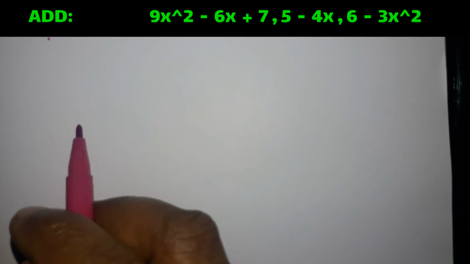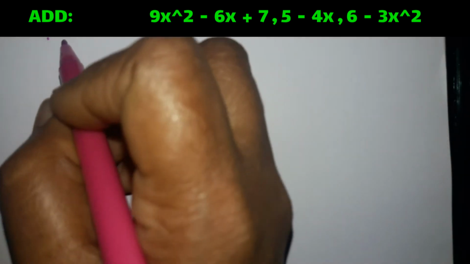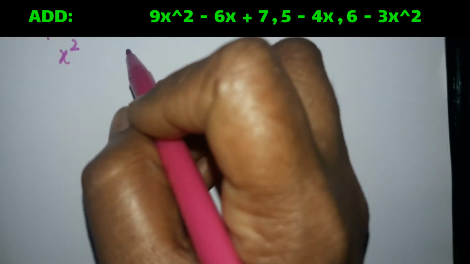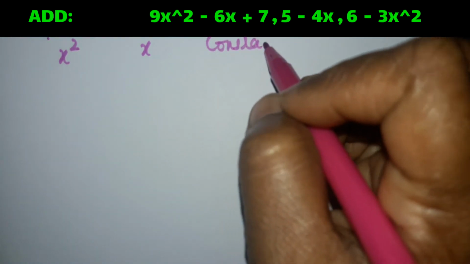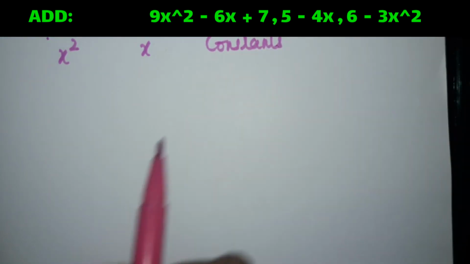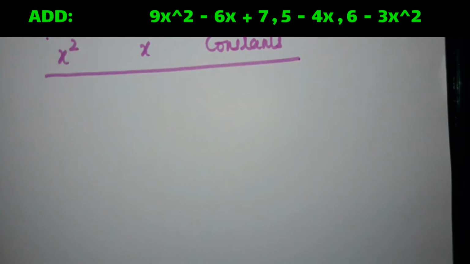9x square minus 6x plus 7, and 5 minus 4x, and 6 minus 3x square. So here we have x square terms, x term and a constant. So let us have x square, x and constant. So what is my first equation?